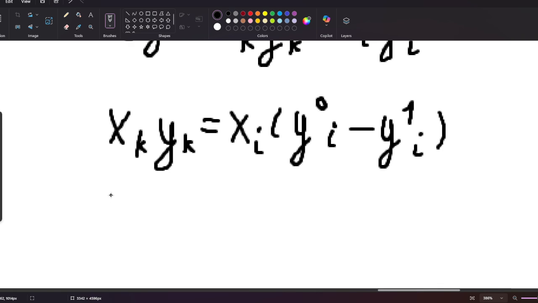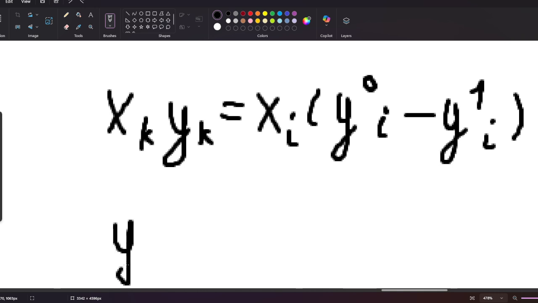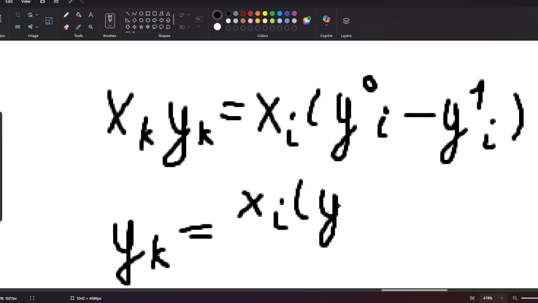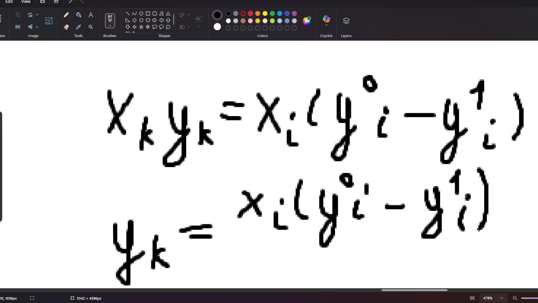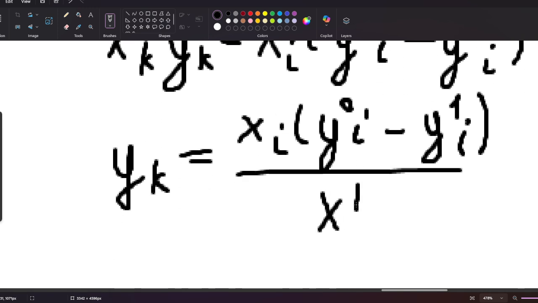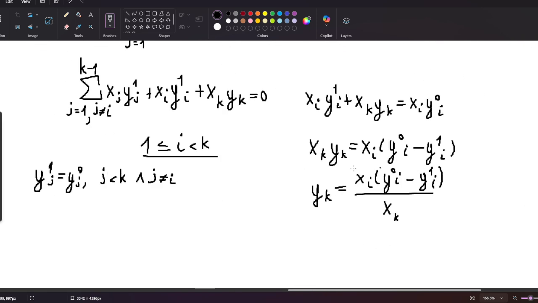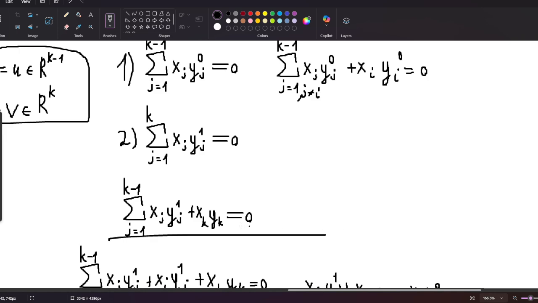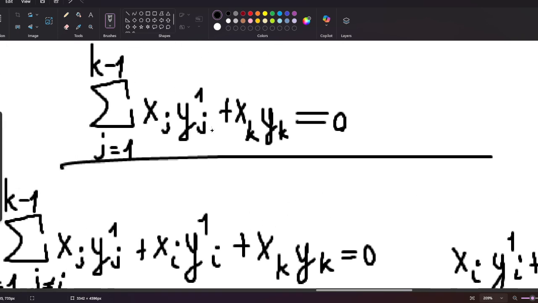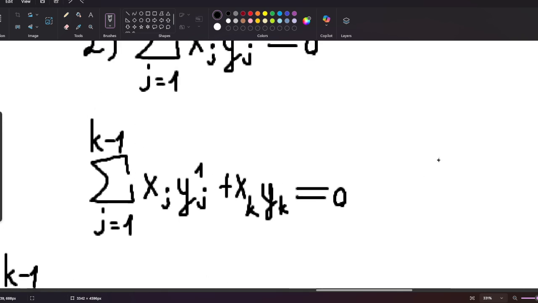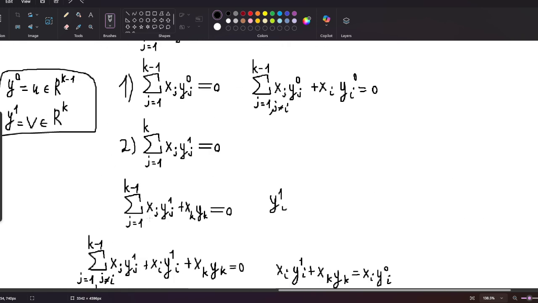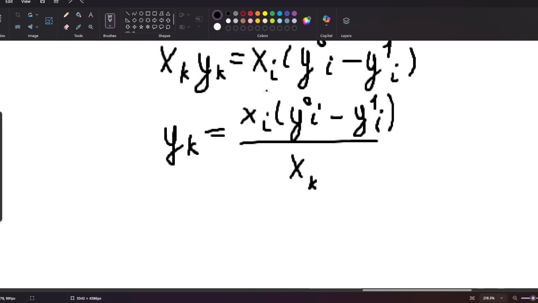And next we will divide both sides by xk. yk equals xi (y0i minus y1i) over xk. The reason we can divide by xk is that if it were 0, then this equality would match easily with no troubles. We could just go ahead and equate y1i to y0i, and it will work. So we don't really care about that situation.